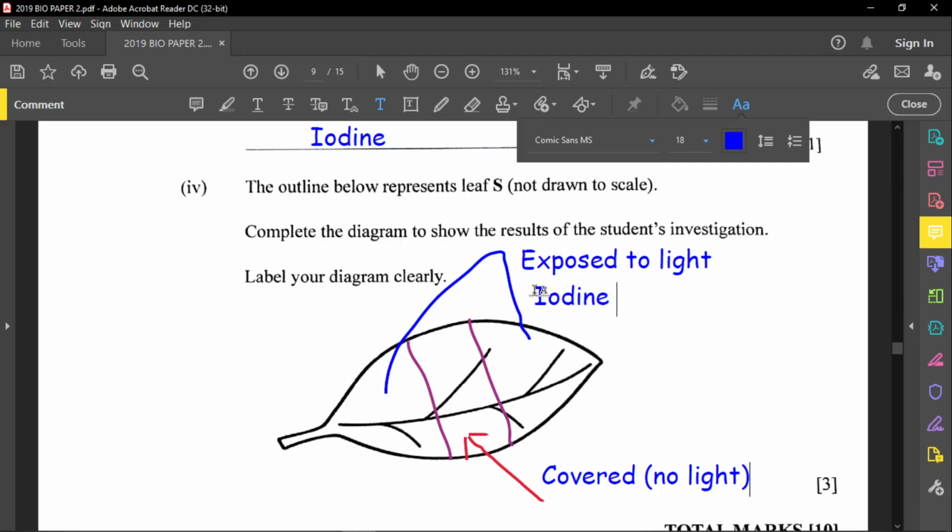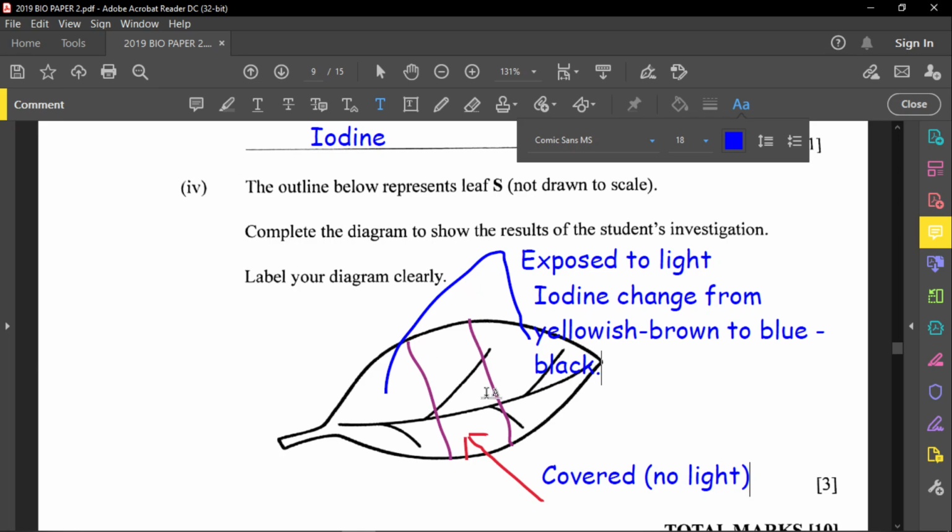Iodine changes from yellowish brown to blue black. All right, so that would be the result. The change from yellowish brown to blue black.